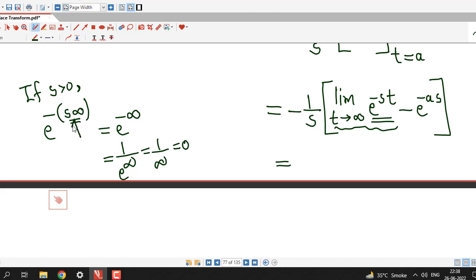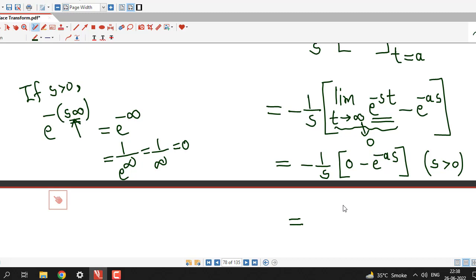If s is positive, then s into infinity is infinity, and due to this negative sign we have e raised to minus infinity. So if s is positive, this term becomes 0, and we can write this as minus 1 by s times 0 minus e raised to minus as, and here we mention in the bracket that this is for s positive.